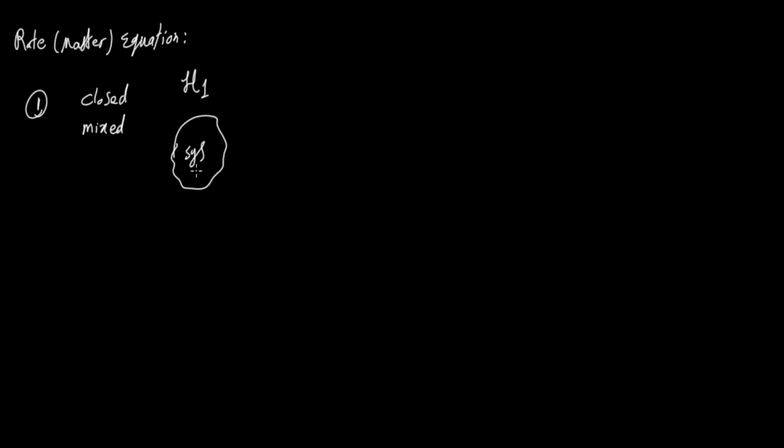This system has a Hamiltonian, which we show with H0. This Hamiltonian quantizes this system into some energy levels, like this, E1, E2, up to En, or maybe even more.